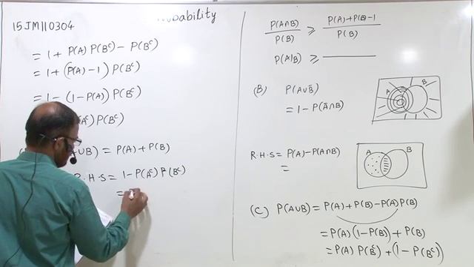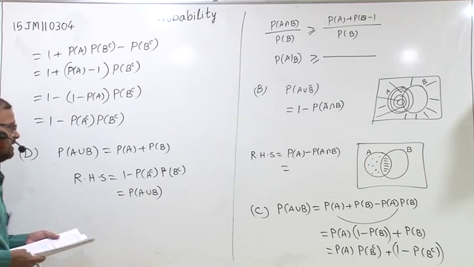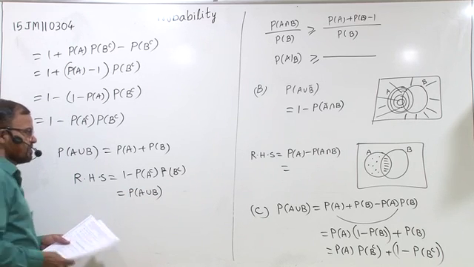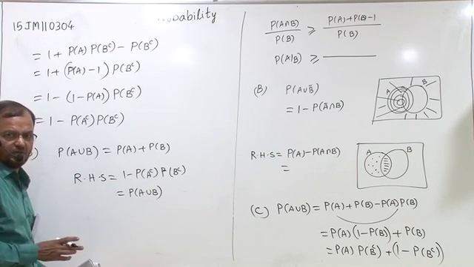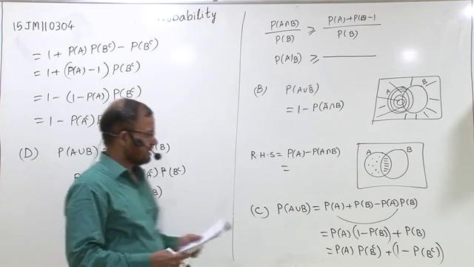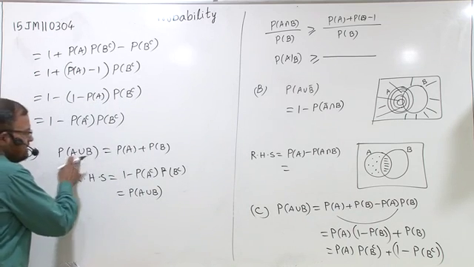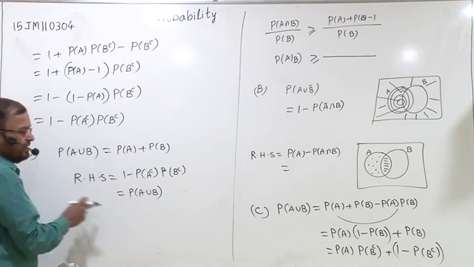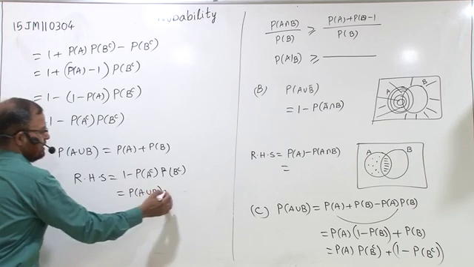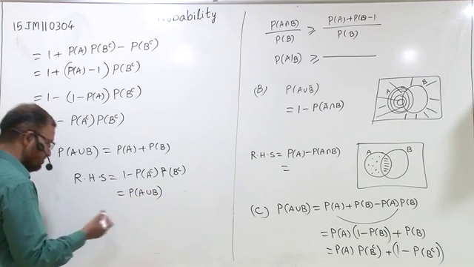This is equal to probability of A union B. So I can say that this I have proved under the condition that these are not disjoint but they are independent. Now this LHS is equal to this when they are disjoint, and here it is only when they are independent. And independent and disjoint have a main difference.